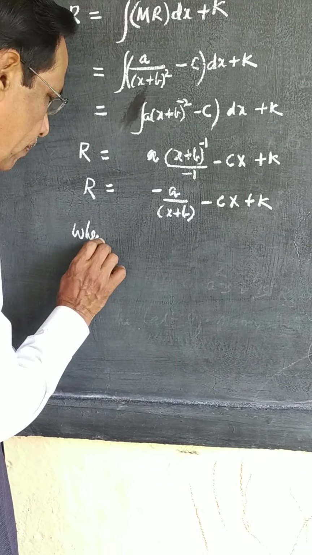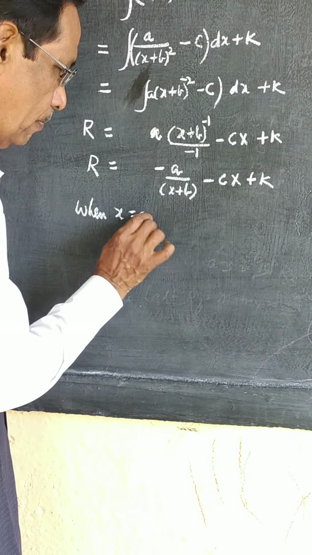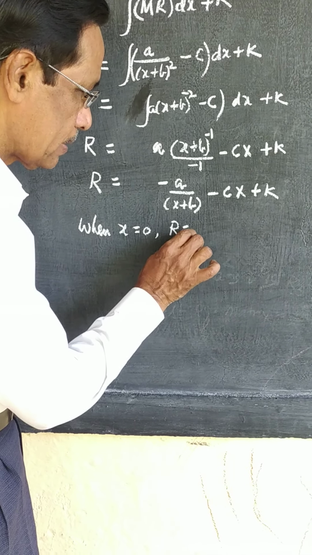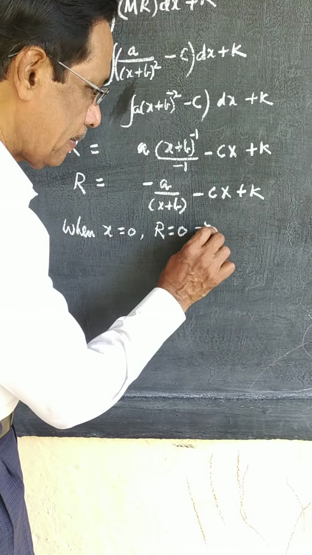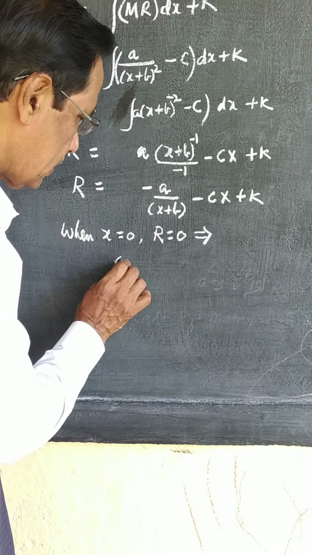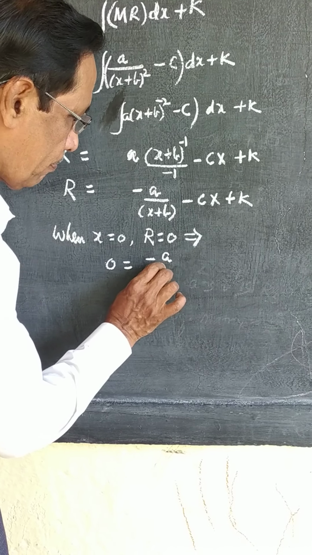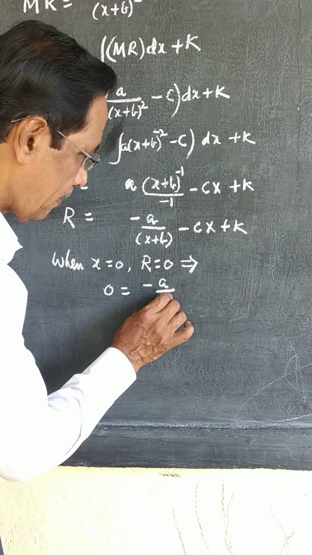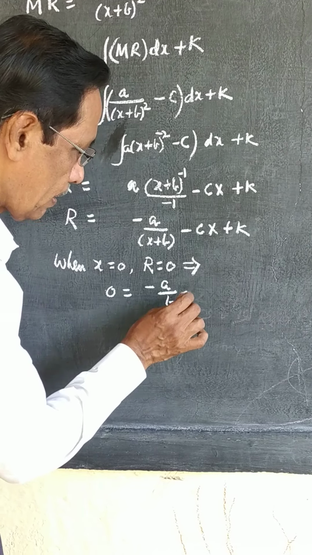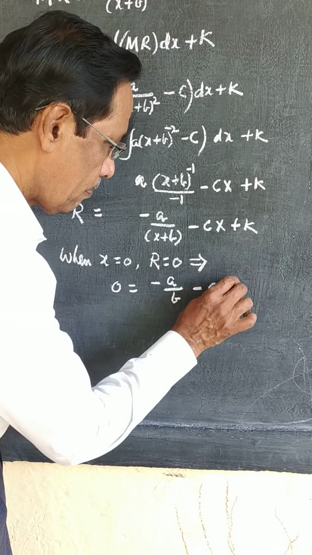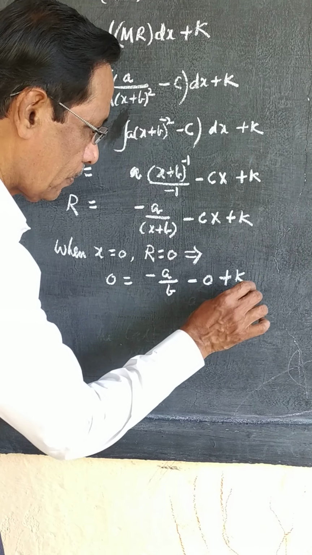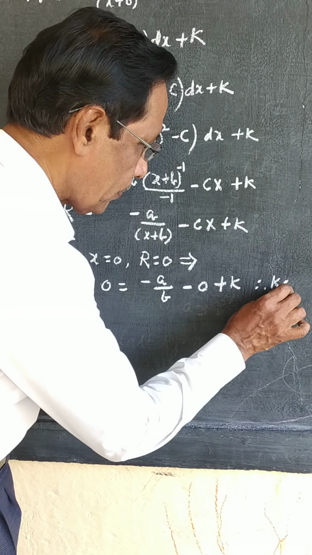When x is equal to 0, R is equal to 0, we get 0 is equal to minus A by B minus 0 plus k. Therefore, k value is equal to A by B.